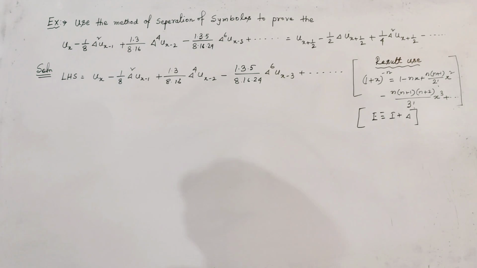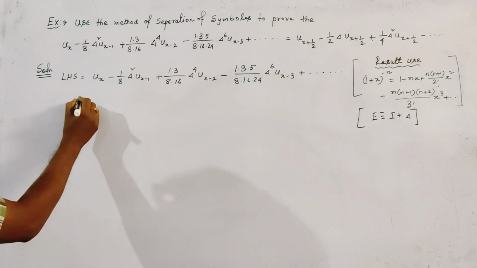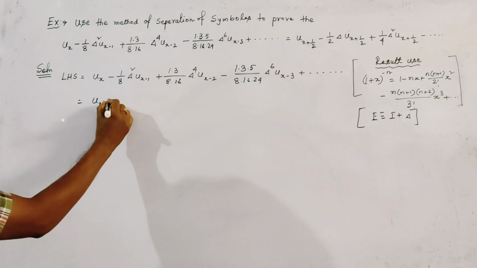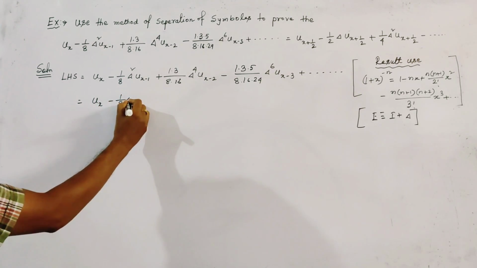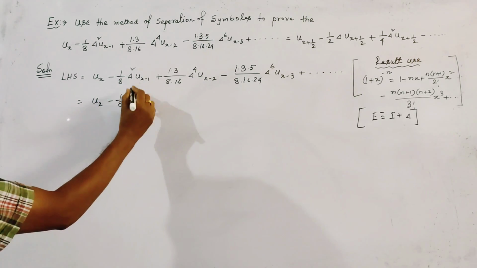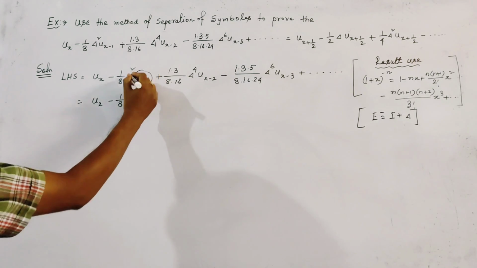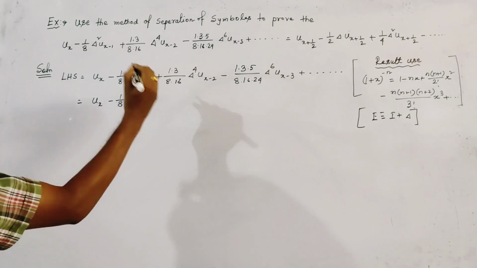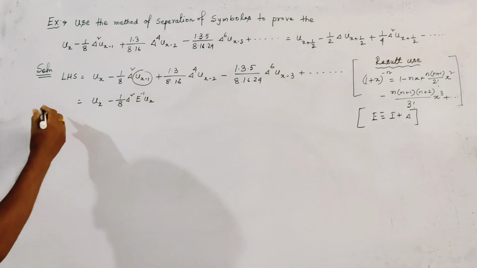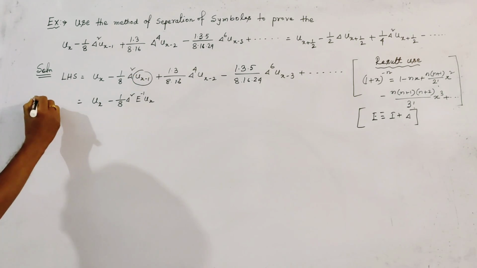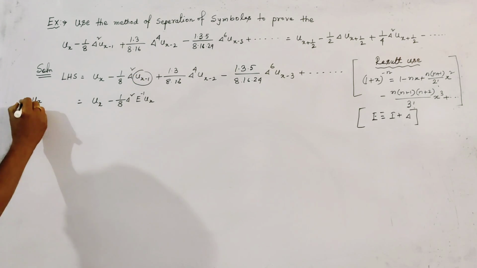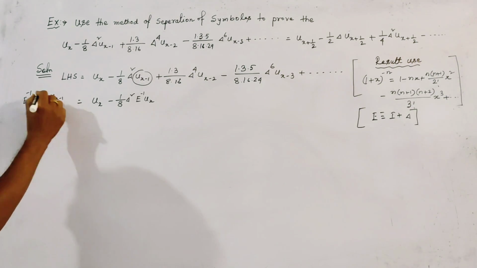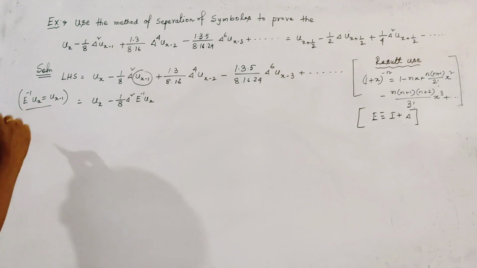We first write the left hand side. This is equal to u_x minus 1/8 delta squared E to the power minus 1 u_x. This is the definition of the shift operator: we know that E to the power minus 1 u_x equals u_{x-1}.